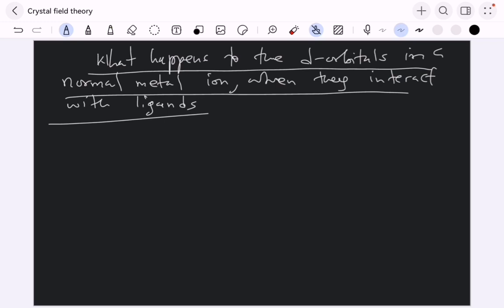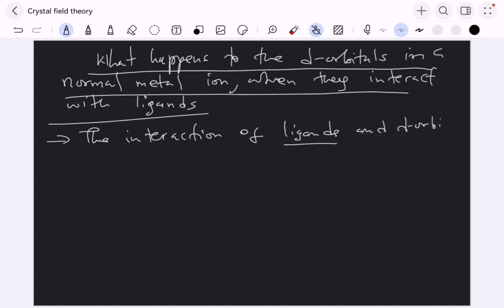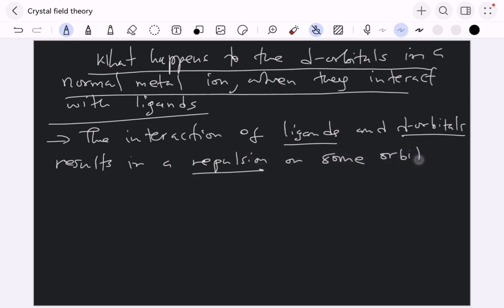So when these orbitals begin to interact with the ligands, what happens is there is a repulsion. The interaction of ligands and d orbitals results in a repulsion on some orbitals. That is, some orbitals in the d orbital.